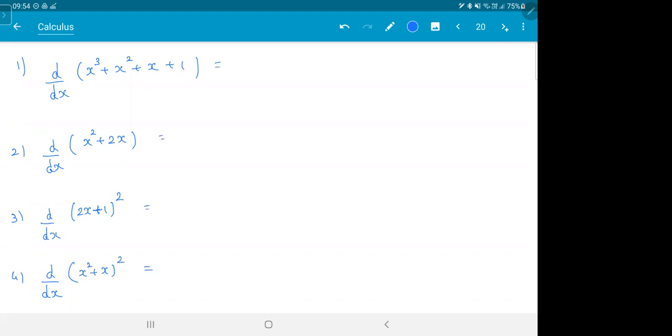Get these four. First one has four terms, two terms, and then a square and a square. So we are combining the 6 formulas with the 4 identities. You should know those 6 formulas: x power n, constant's differential, sin x, cos x, e power x, and ln x.